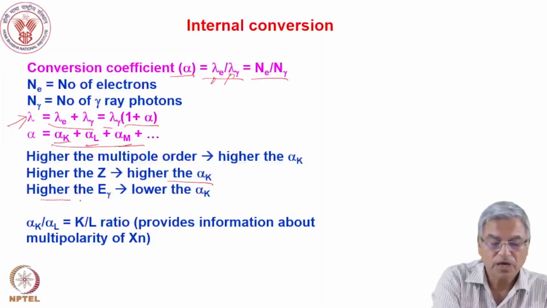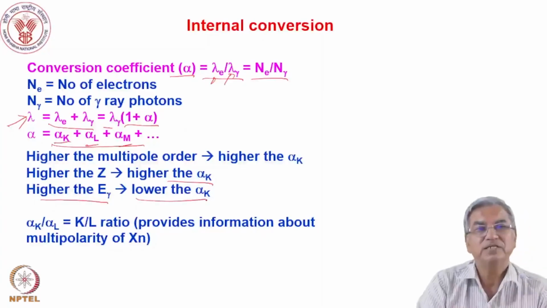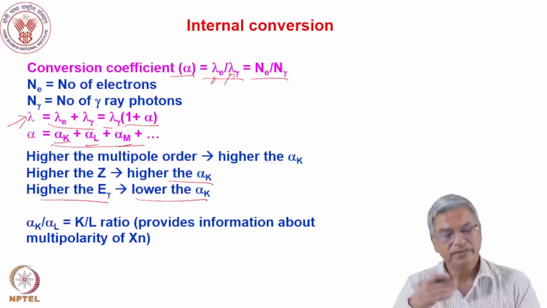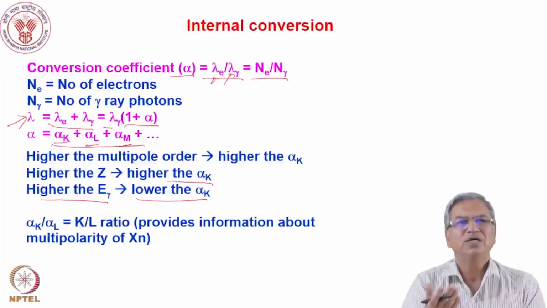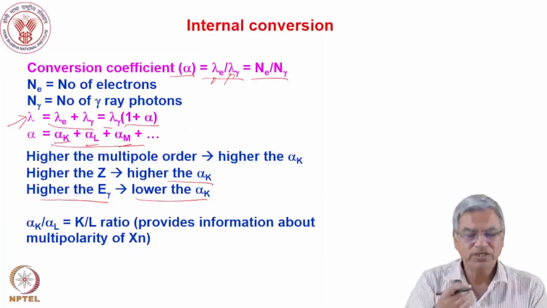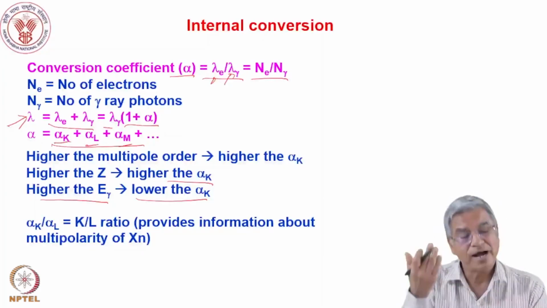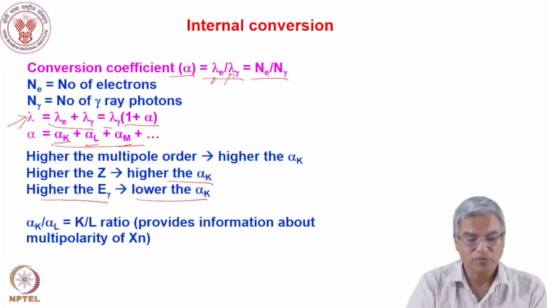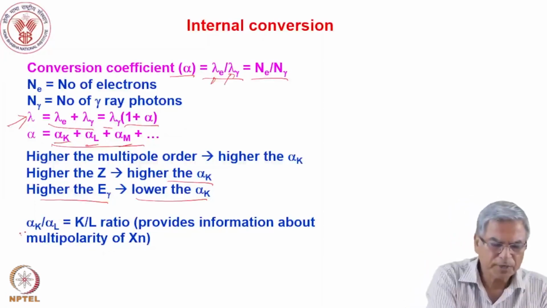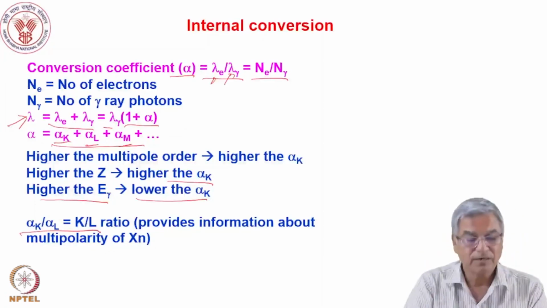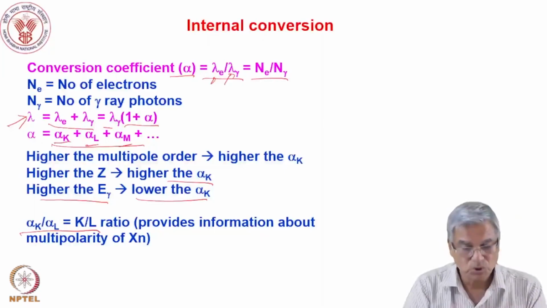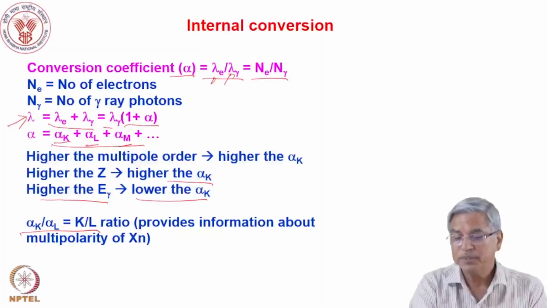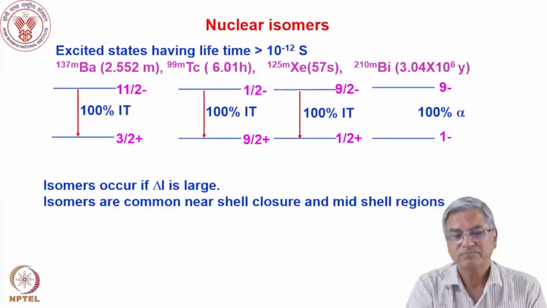If the energy of the gamma ray is high, the conversion coefficient is low. So internal conversion is more favored with gamma rays of low energy, higher atomic number nuclei, and higher multipolarity. People do a lot of experiments to determine the conversion coefficient K by L ratio also, and that tells you about the multipolarity of the gamma ray.